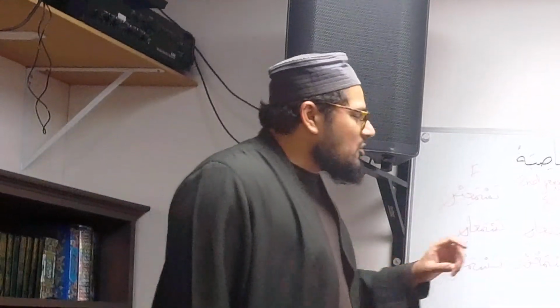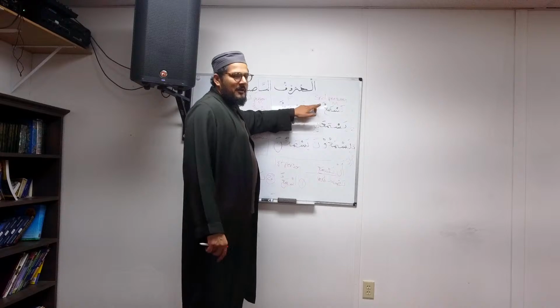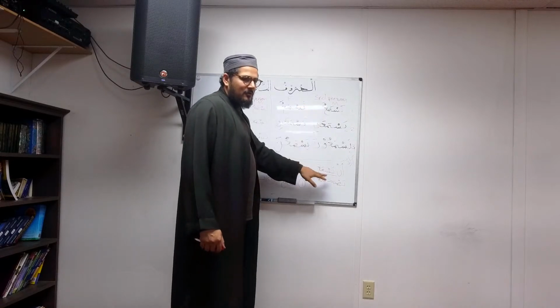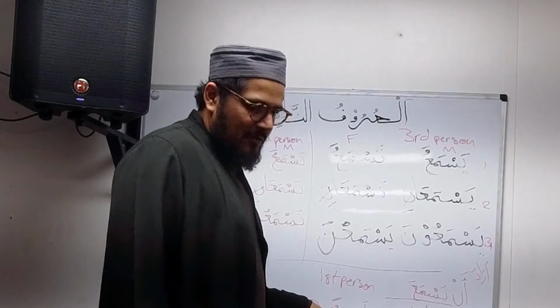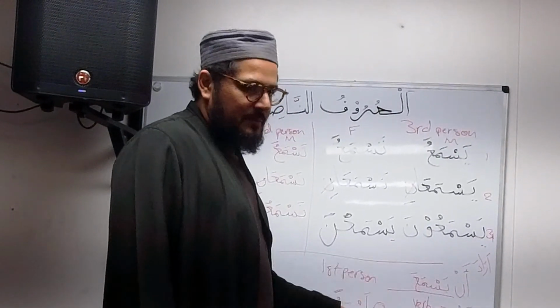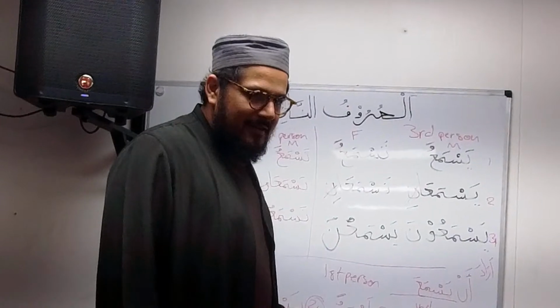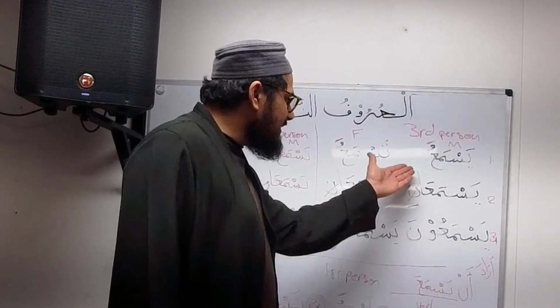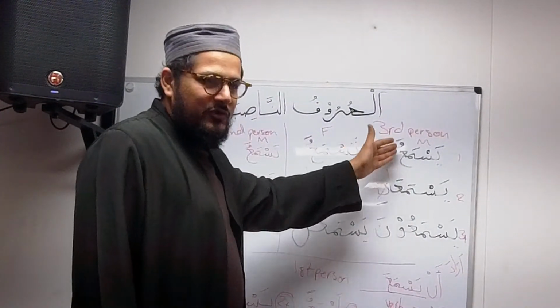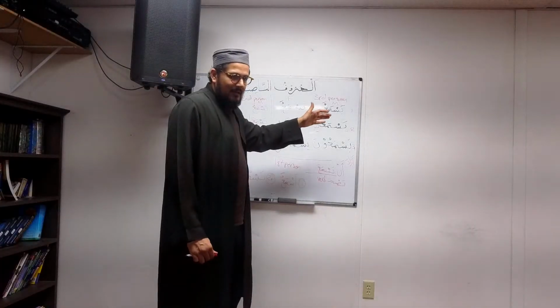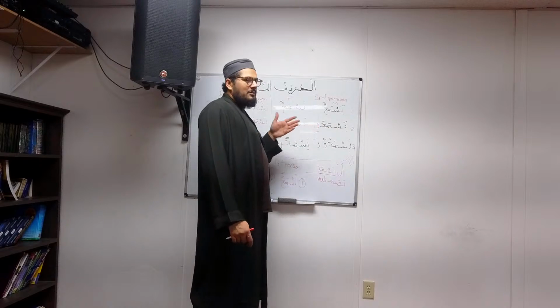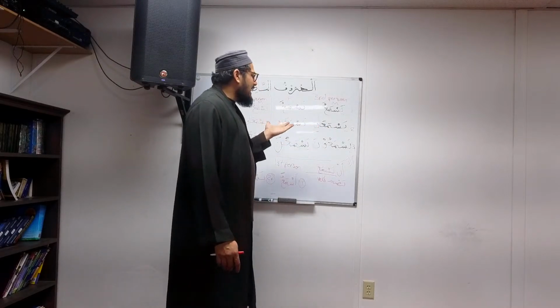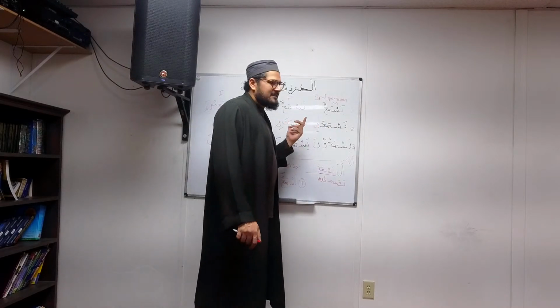Stay there. So just like, remember how we changed this dhamma into a fatha, alright? And you arada an yasma'a. You see how we changed the yasma'u to yasma'a? Yeah. Because of the an? Yeah. Who made this dhamma into a fatha? What was responsible for that? Right. An was, right? However, if an comes before a dual verb like yasma'ani, it's not going to choose to give the last letter fatha.